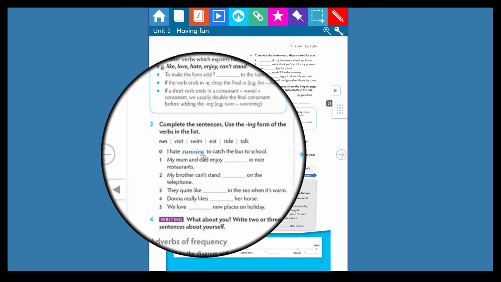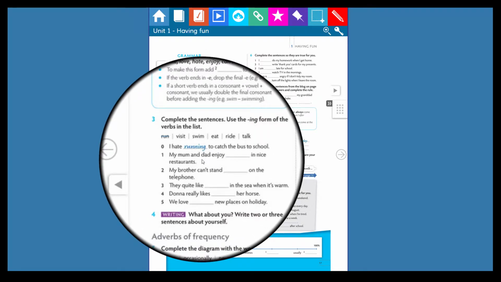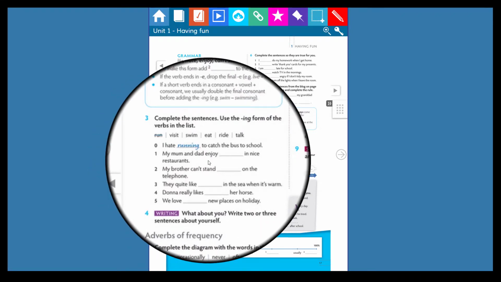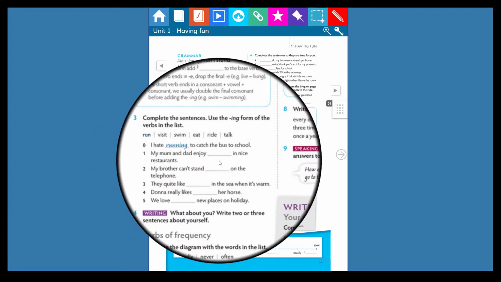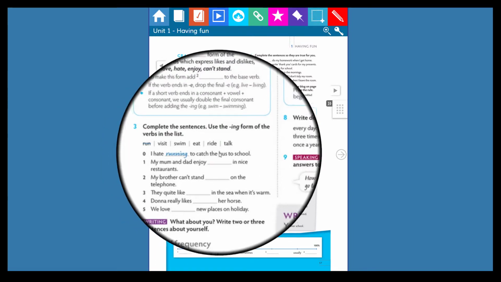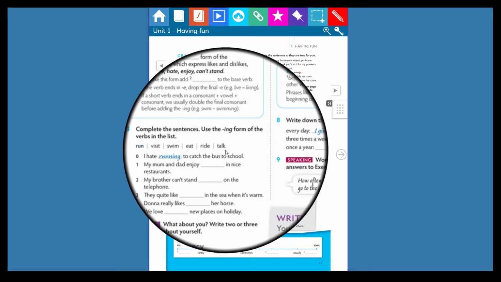Number one, my mom and dad enjoy. This is the subject. This is the verb enjoy in nice restaurants. What do you think? The correct verb is eating. Very good.